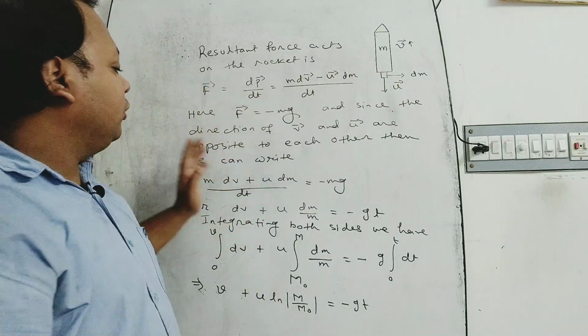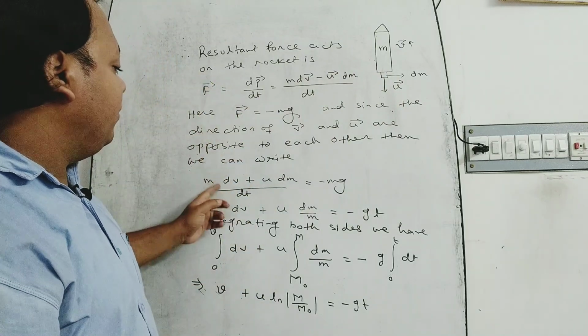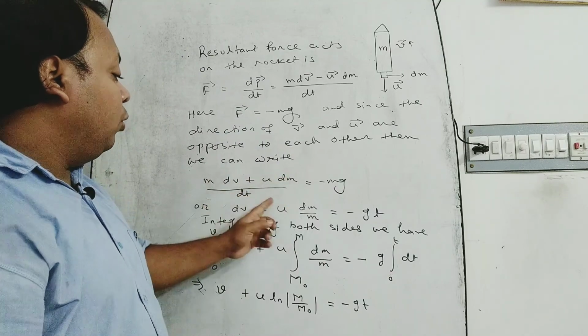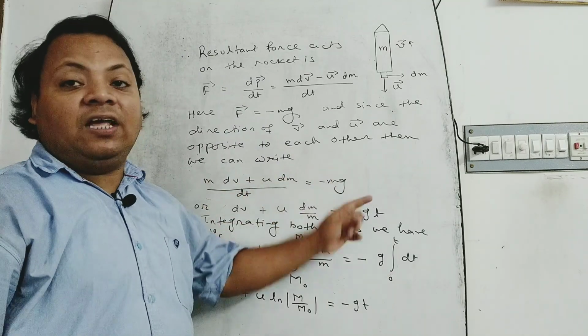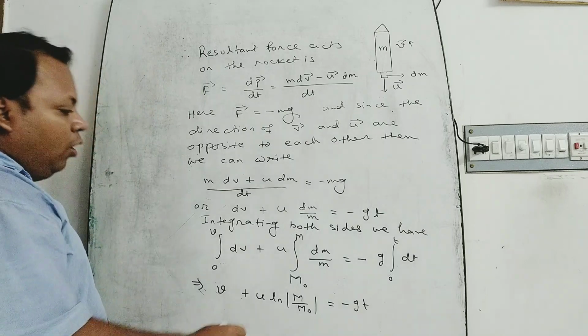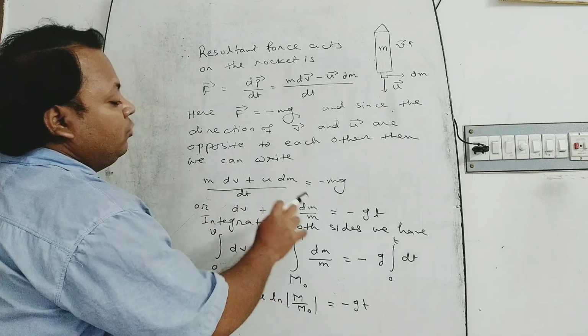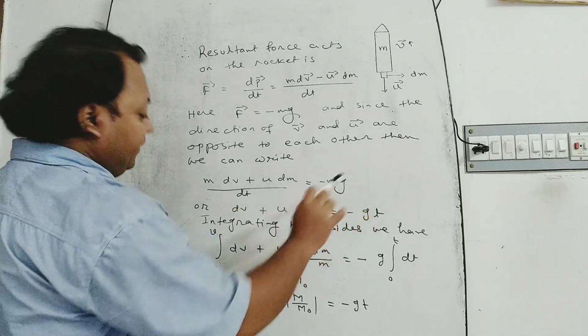Therefore, the equation of motion of the rocket becomes m dv plus u dm whole divided by dt is equal to minus mg, or dv plus u dm by m is equal to minus g dt.